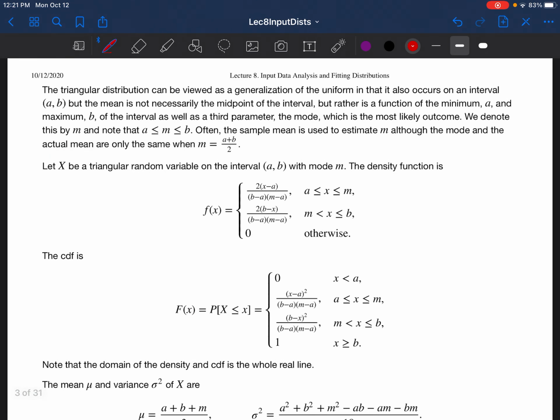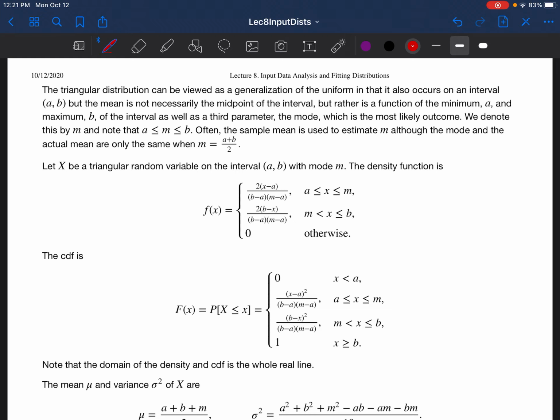But perhaps you have some better understanding of the mode. Note that the mode and the mean are not the same thing, but for the sake of argument, we might estimate the mean by using the sample mode.